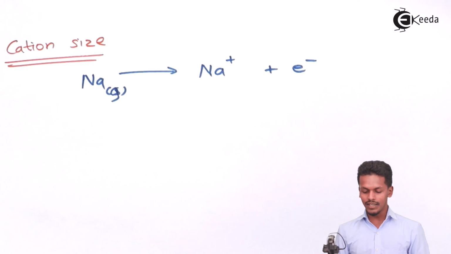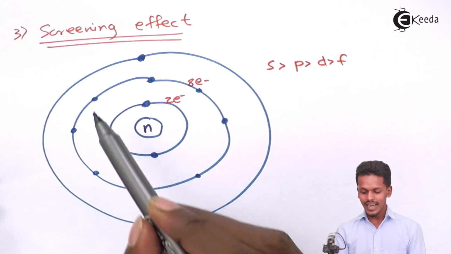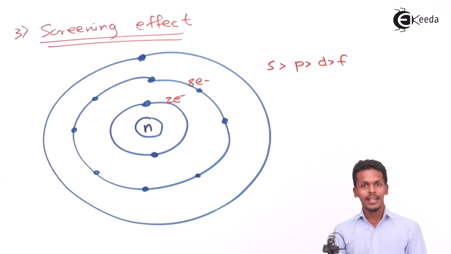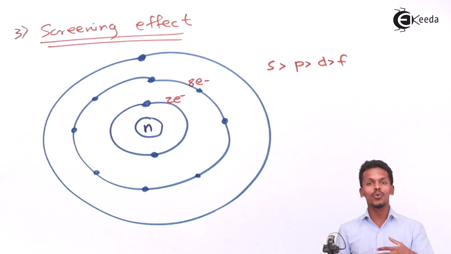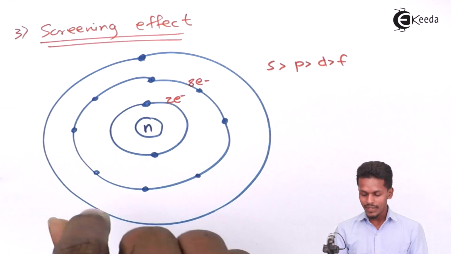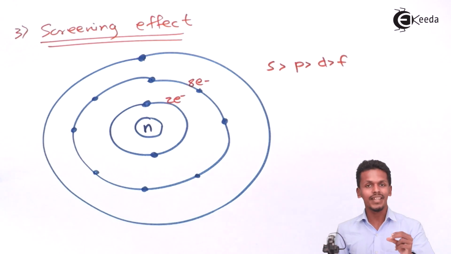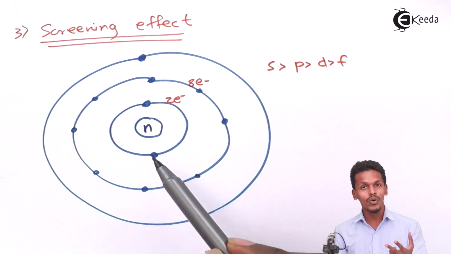So what will happen actually? Earlier we learned that sodium has an outermost shell which consists of one electron. While converting sodium into a sodium ion, this electron gets eliminated and overall the number of shells is reduced. So the number of shells is now 2, earlier it was 3.